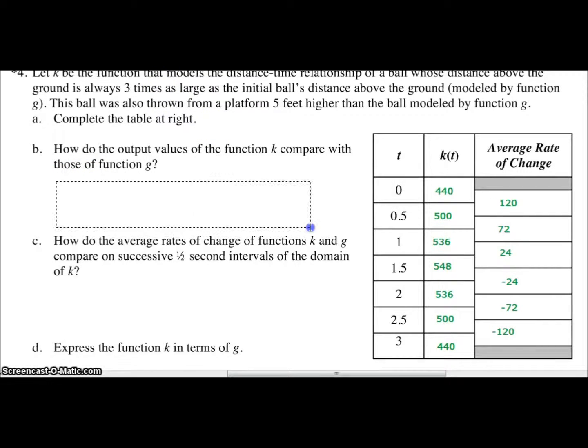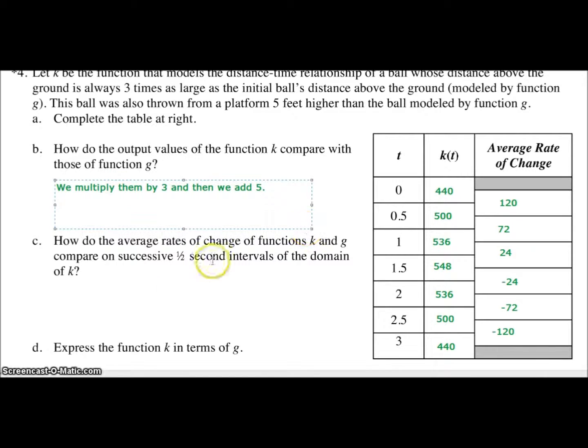So how do the output values of the function k compare with function g? Well, we multiply them by 3 and then we add 5. How do the average rates of change of functions k and g compare on successive 1/2 second intervals of the domain?